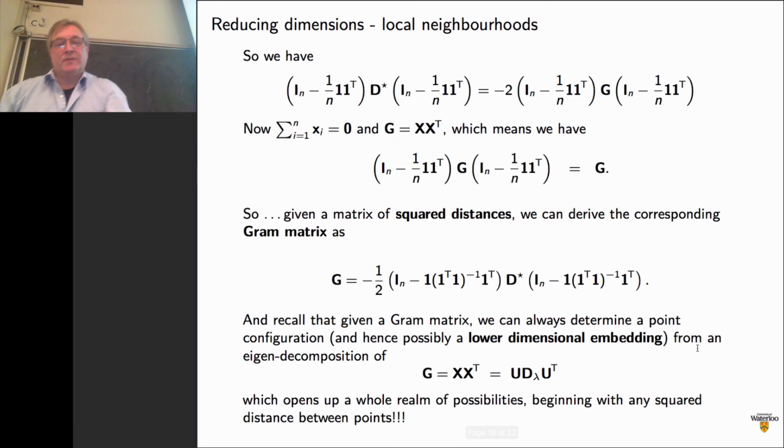Okay. So, what do we have? This equation is what we just derived. And then remind you that the gram matrix, we've centered the x's. So when I sum those x's, they sum to 0. So everything is already in that space that's orthogonal to the 1 vector.